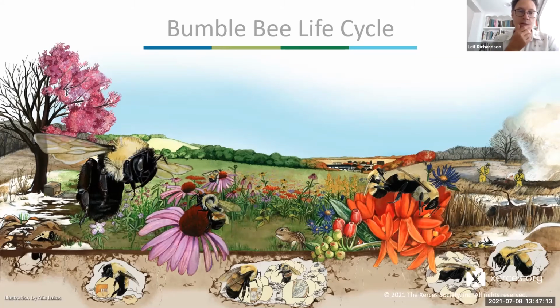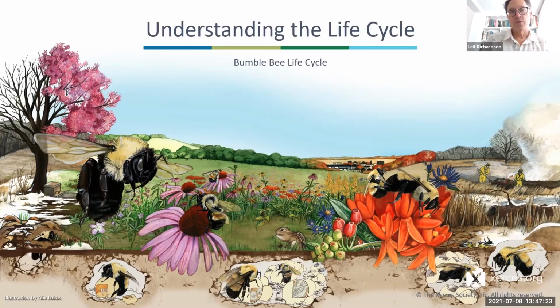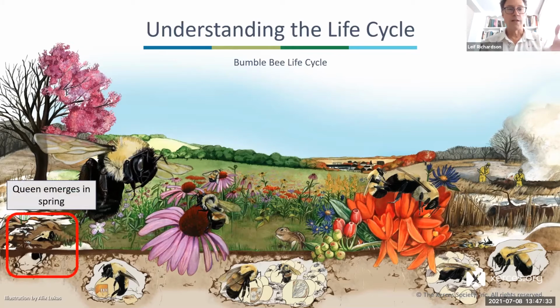And I want to say also that the rusty patch bumblebee is another of the closer relatives of Franklin's. So I think it's worth paying attention to the closer relatives when we think about the data gaps, the information gaps for Franklin's bumblebee, even though we're talking here about an Eastern North American species.